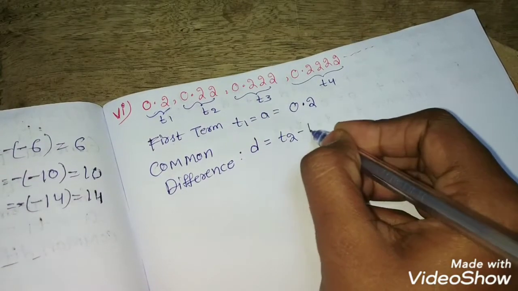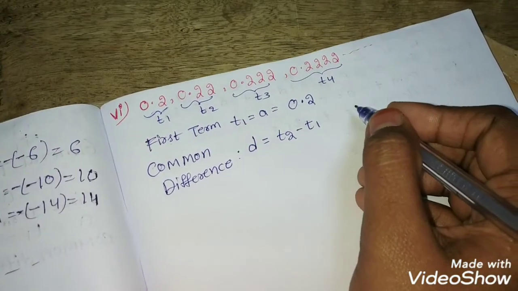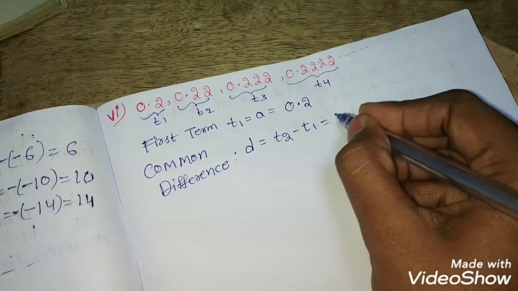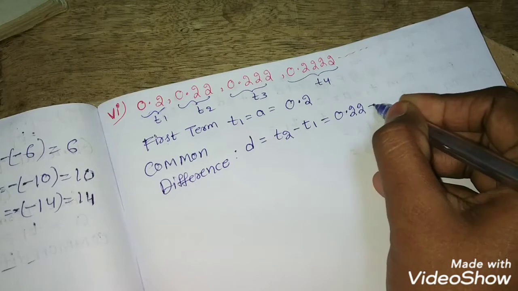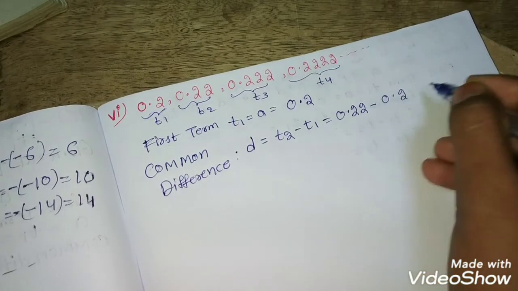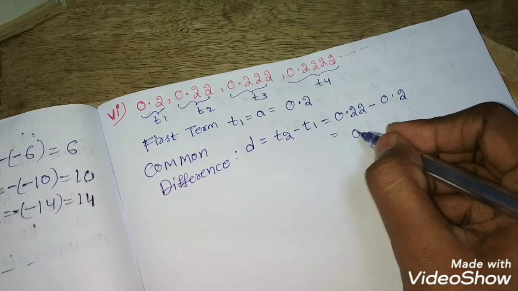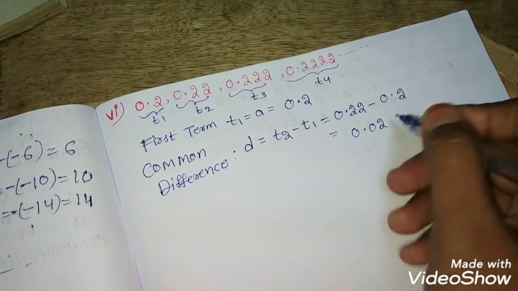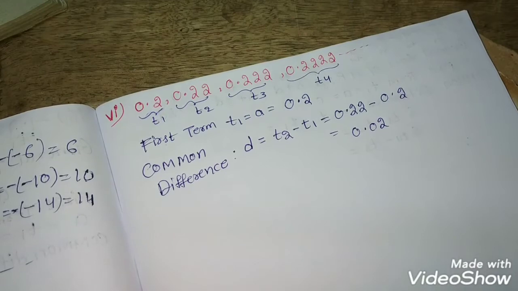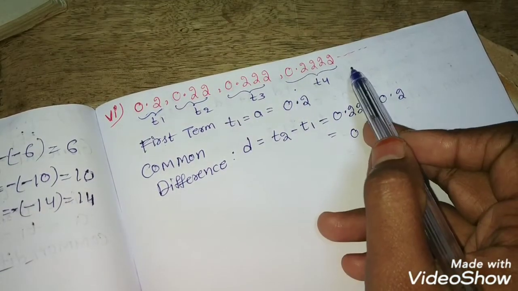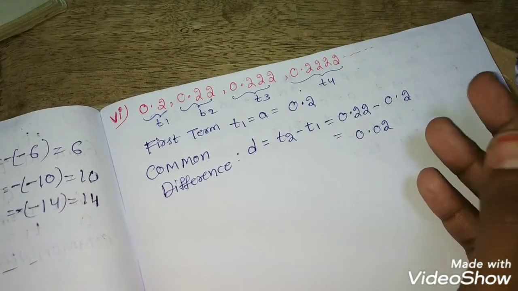So what is the formula of d? t2 minus t1. What is t2 here? 0.22 minus 0.2, we get 0.02. If the next result is also 0.02, then this series is an arithmetic progression. Otherwise, not an AP.